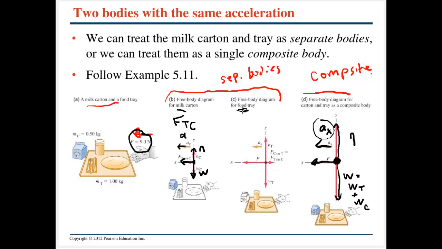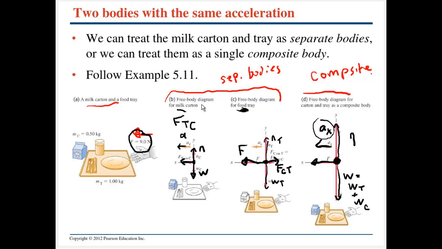If I look at the free body diagram for the food tray, starting off with the weight of the tray in the downwards, the normal of the table in the upwards, again canceling each other out. Here I have my force due to the hand, but resisting that, because it has this milk carton in the way, there's going to be some force of the carton on the tray.